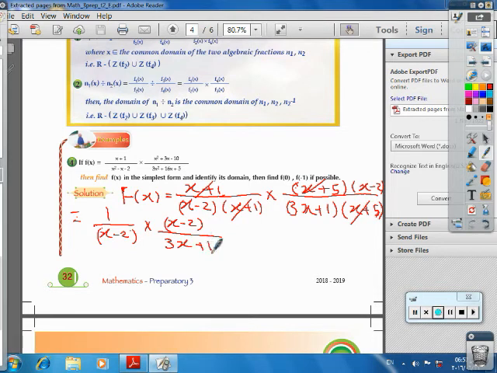Now x minus 2 appears, so we can also remove x minus 2 with x minus 2. We can do that in one step. Then the final solution is 1 over 3x plus 1.